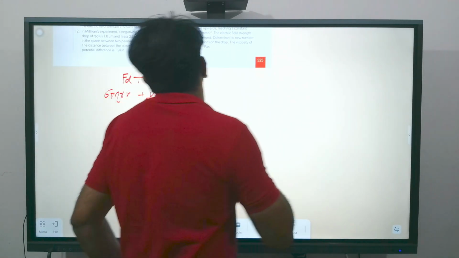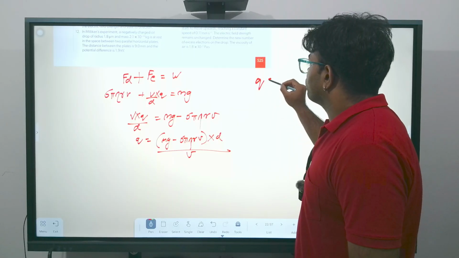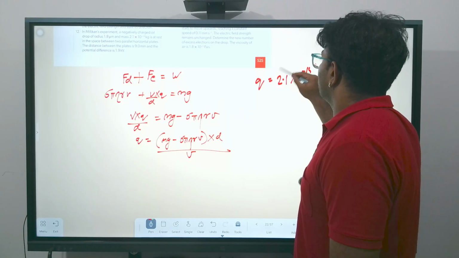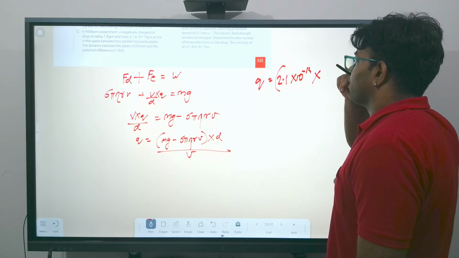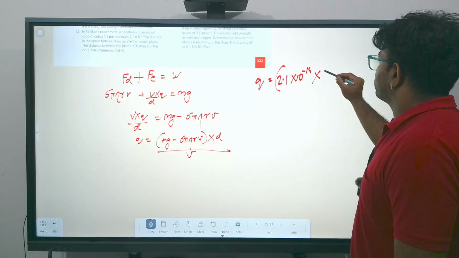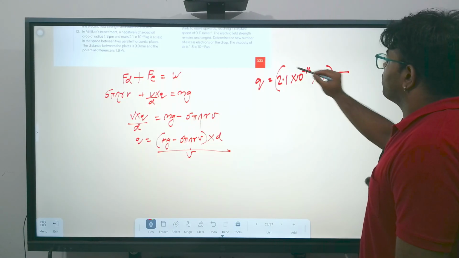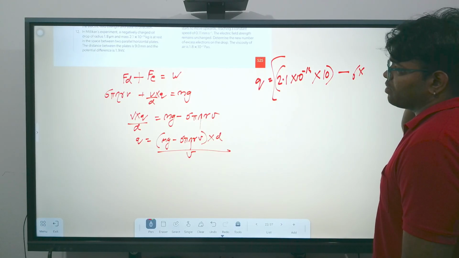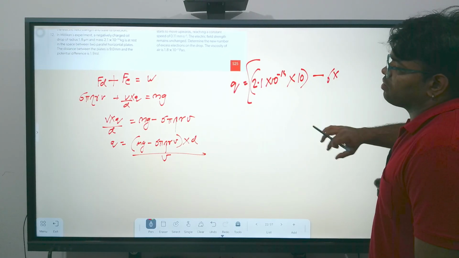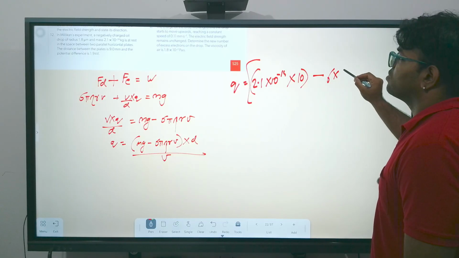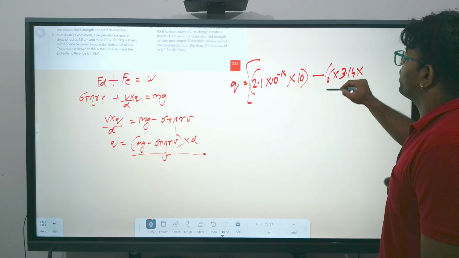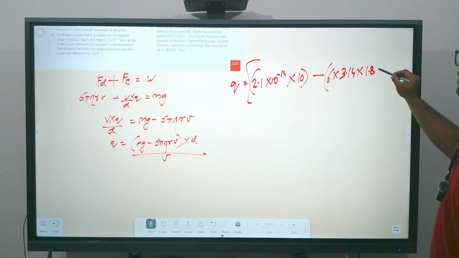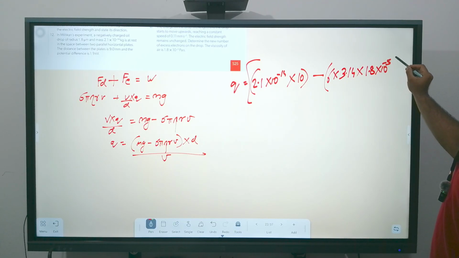So what is mg coming out to? So 2.1 into 10 raised to power minus 14. So q is equal to 2.1 times 10 to the power of minus 14 minus 6 multiplied by 3.14 multiplied by 6 pi n, n is 1.8 into 10 to the power of minus 5.